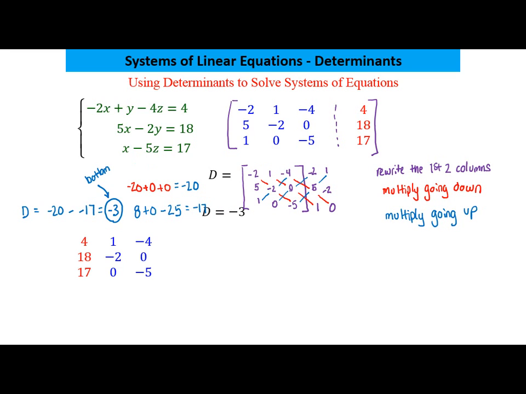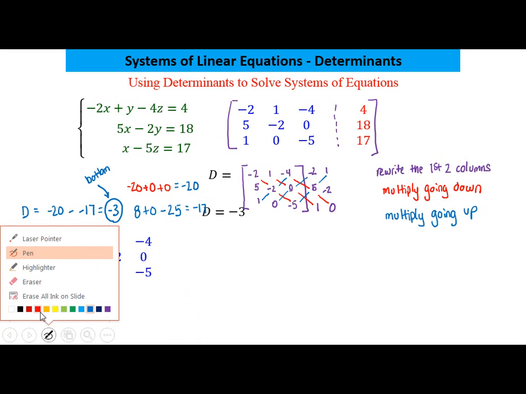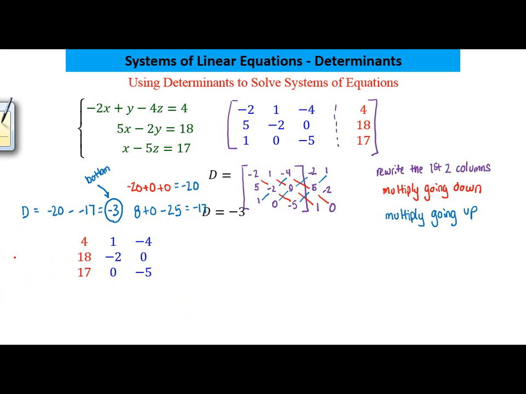So for x, we're going to rewrite our matrix to look like this. 4, 18, 17, 1, negative 2, 0, negative 4, 0, negative 5. Hang on, let me make some notes. Okay, so that's the matrix we need for x.